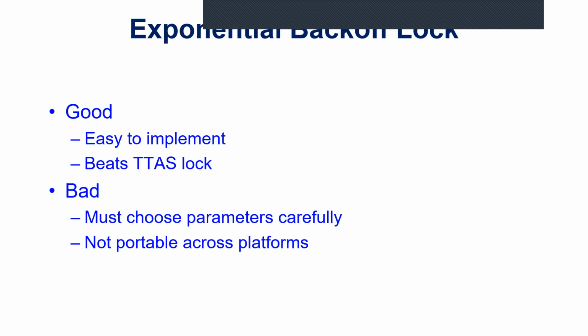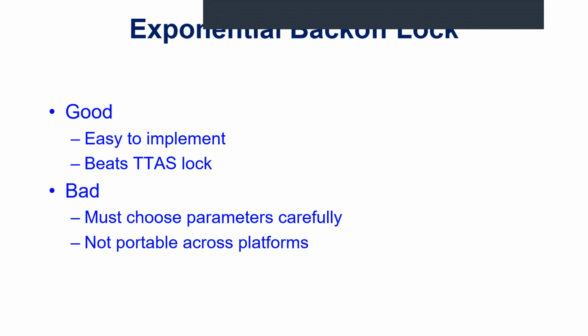And when compared to the T-TAS lock, the exponential back-off lock still handles the contention effectively. But when it comes to the contention, it is not up to the mark. So in order to avoid this particular contention, we need to go with a different approach.